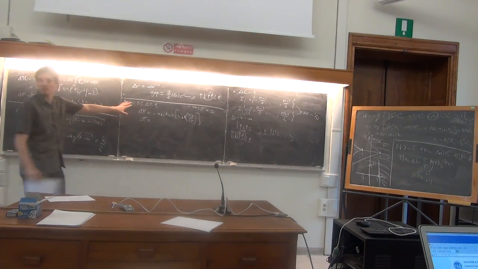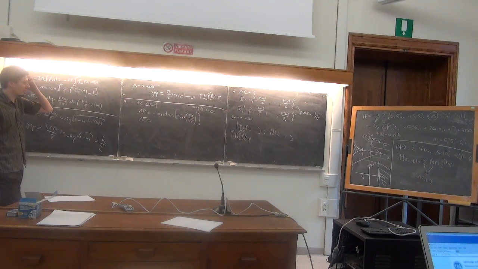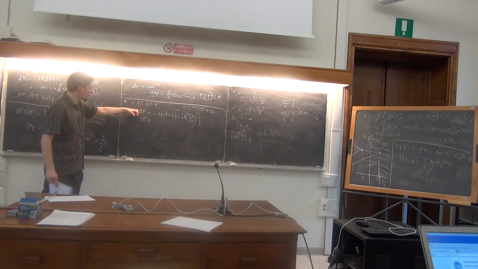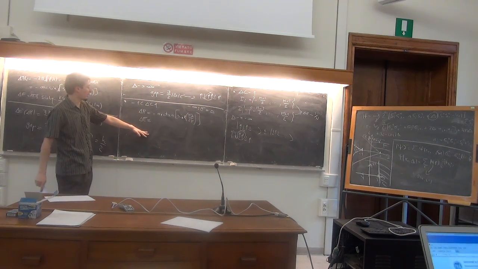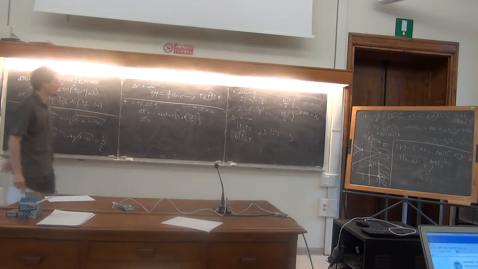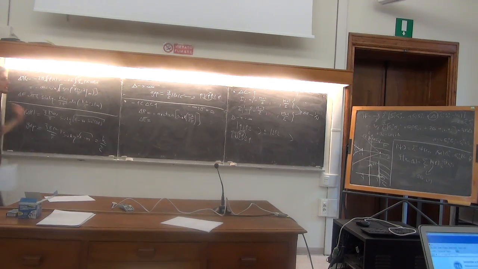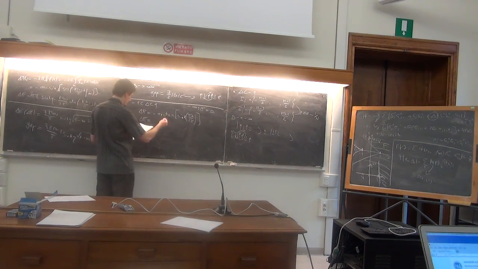You can check it. I'm just using the formula I just erased, and I plug in the exact analytic solutions for rho from the previous lecture, and I get this.